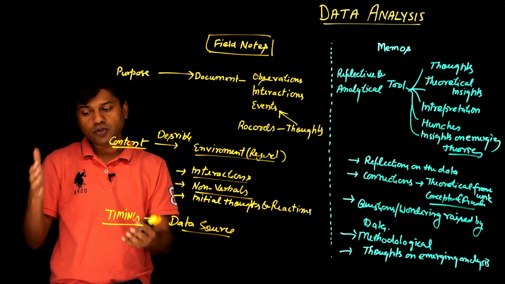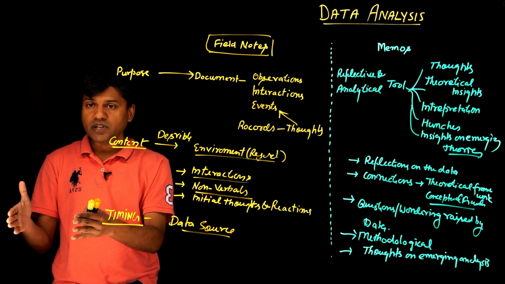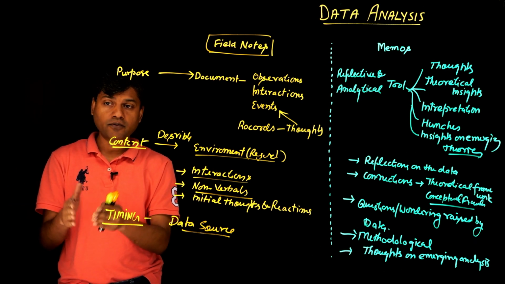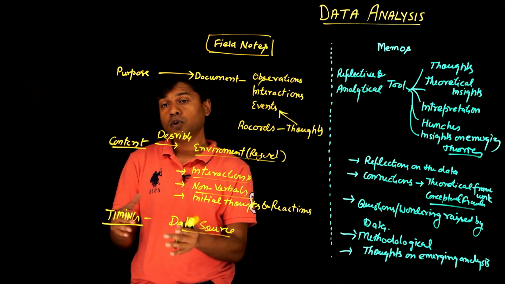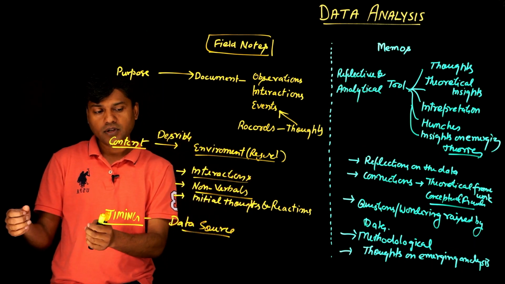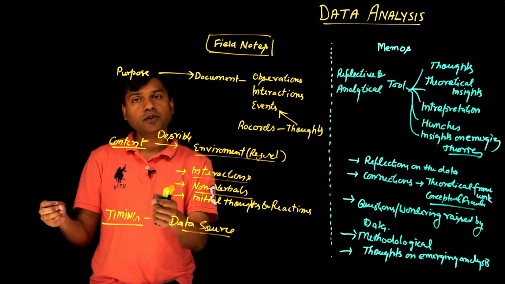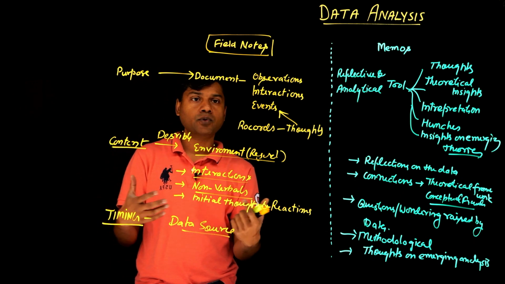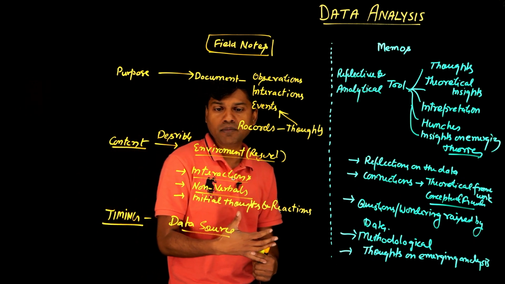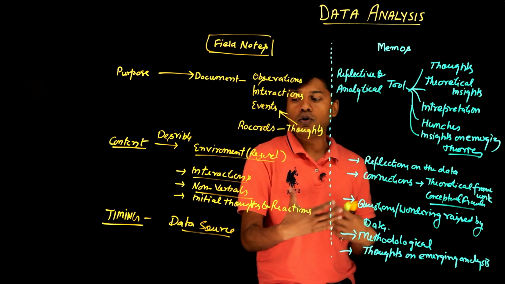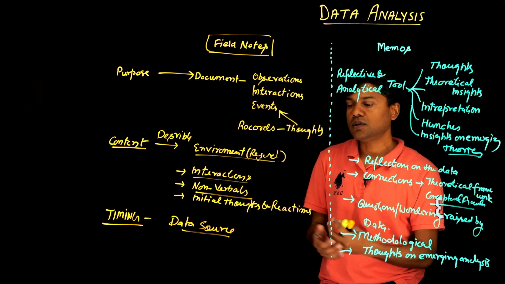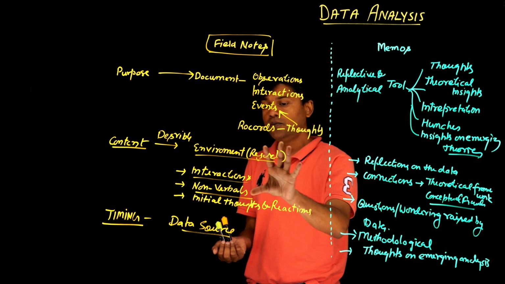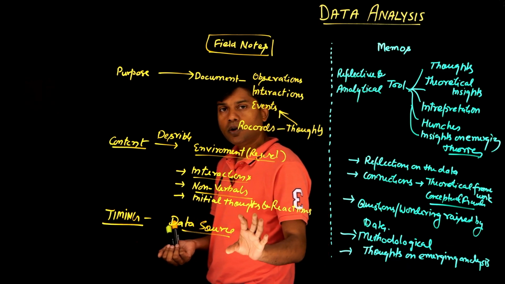Along with using your interview transcript, focus group transcript or observation transcript, when you write your field notes, which focus on describing the research environment, your interactions, nonverbals, or those initial thoughts and reactions in the field, those are also data.